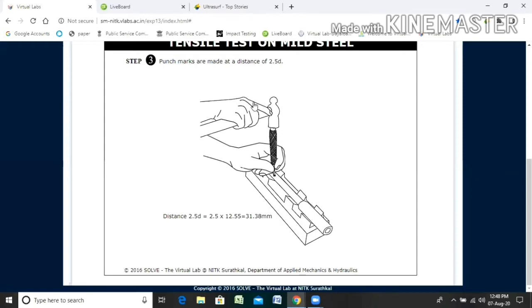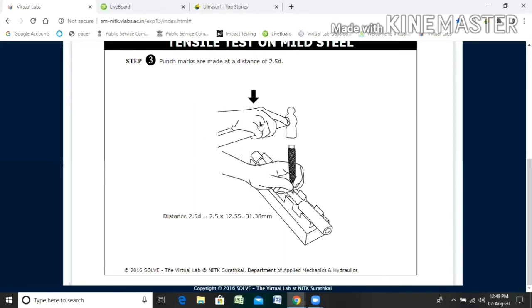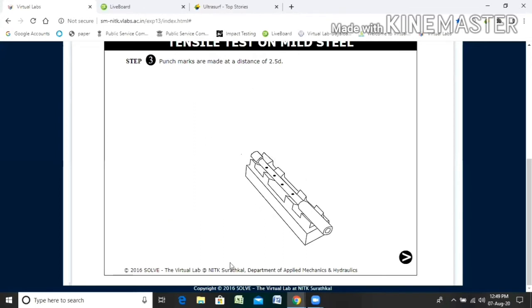Then we go for the second punch, which is also successfully done. Then the third punch, also done. Then the fourth punch. Yes, finally we have done all four punch marks. So 2.5 into 12.55 is the distance between two punch marks.